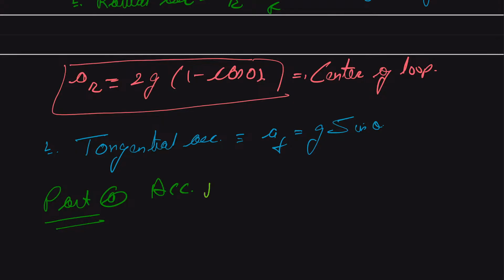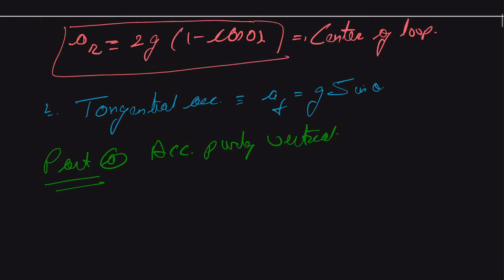This condition will be true only if the horizontal component of the acceleration is 0. So acceleration will be purely vertical if its horizontal component becomes equal to 0.